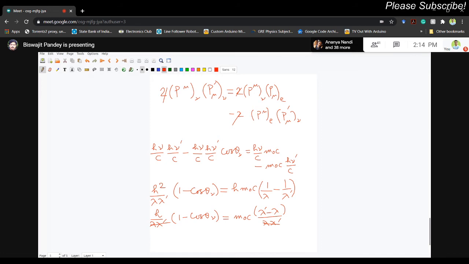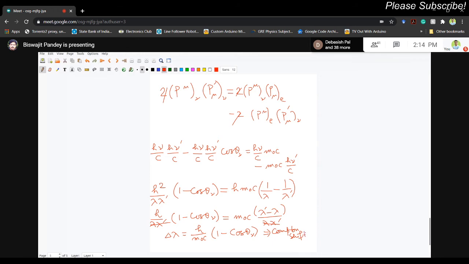The scattered photon has a larger wavelength than the original photon because it loses energy during the collision. Let us call that delta lambda. Delta lambda is equal to h by m0 c into 1 minus cos theta nu. This is the well-known Compton shift formula which you have learned in your other courses, like quantum mechanics. This is the formula for the change in wavelength of the scattered photon.